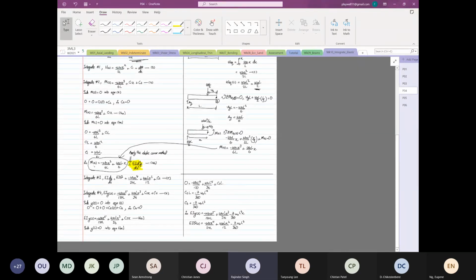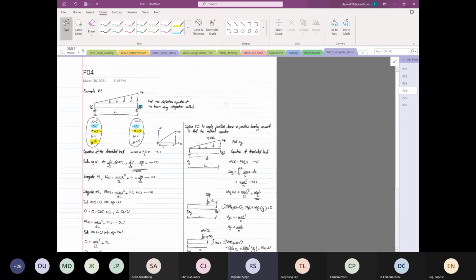Professor, when we have multiple moment equations in a single beam, when there is a load change, we will do this whole process and apply the elastic curve at each equation. What I've just shown you is a continuous function, right?